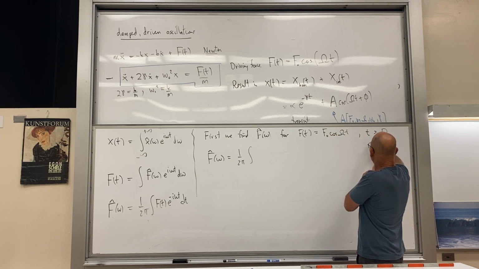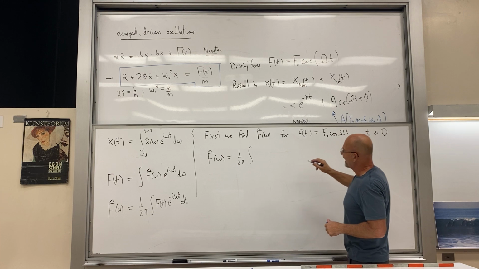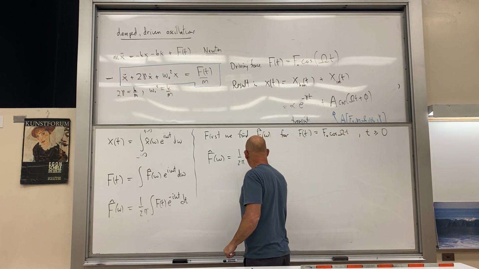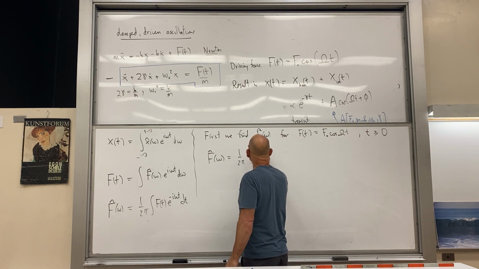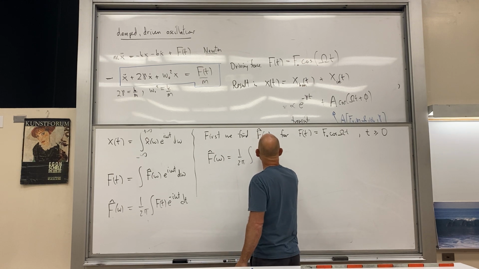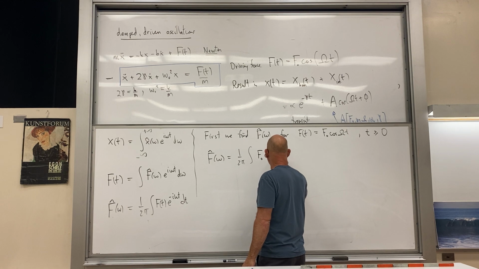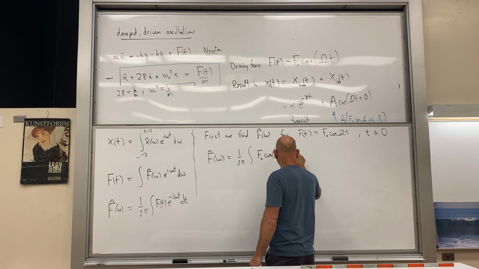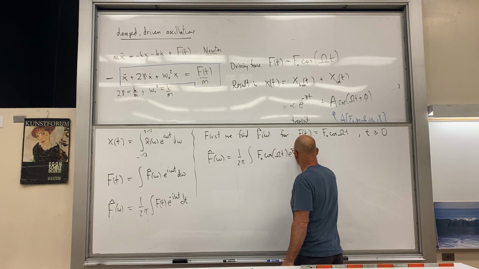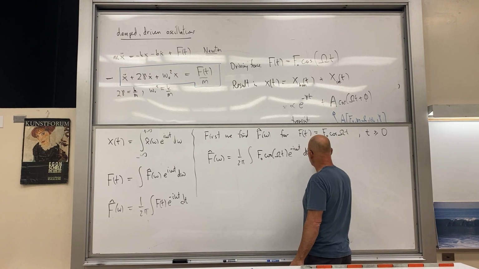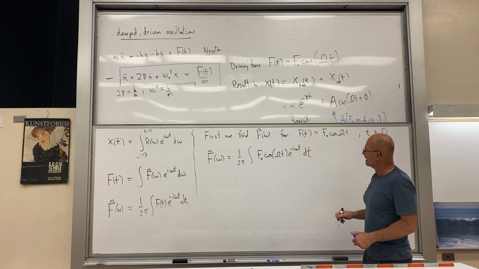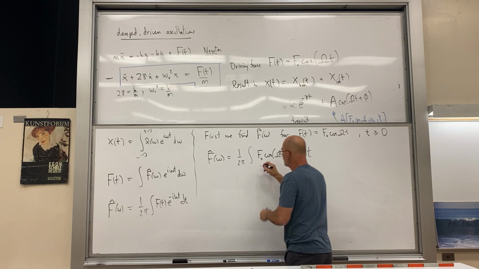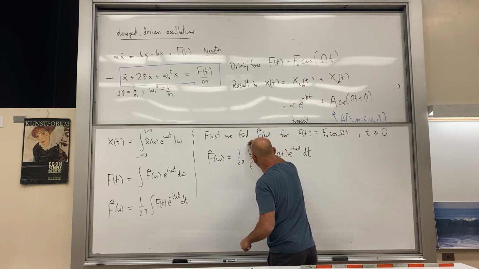So that's in there, t greater than or equal to 0. And for that reason, our boundary of integration, first let's write this down, cosine omega t e to the minus i omega t dt is defined for t positive, so from 0 to infinity.